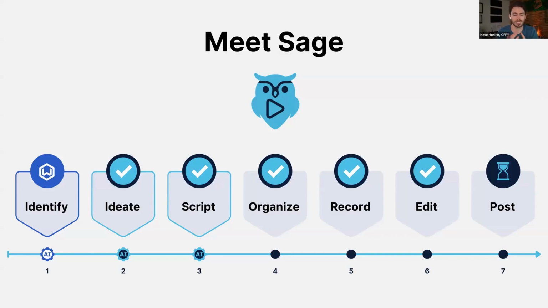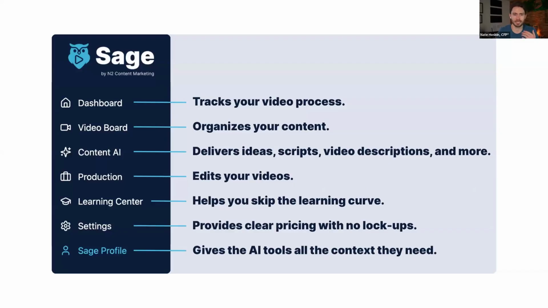It helps you organize. You can record your videos and you can edit them. And it's as simple as just logging in and using all of these tools, because Sage is just going to be an app that you can use every single day, where you can track your progress, you can edit your videos, you can use all of our learning materials to skip that learning curve and really step ahead.